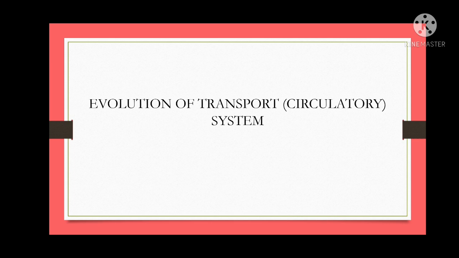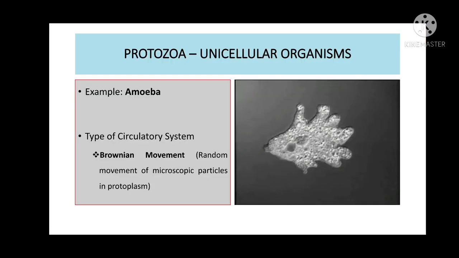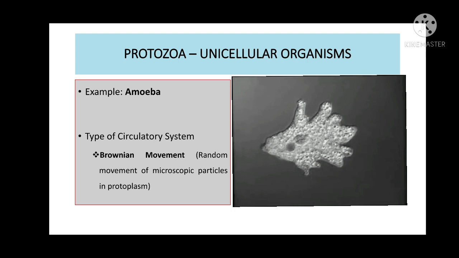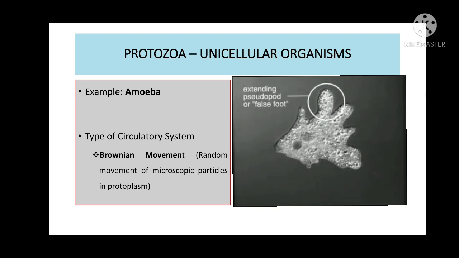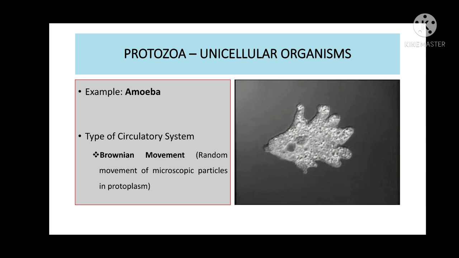Let us see how the transport system has evolved in different phylums. In protozoans like amoeba, the protoplasm shows Brownian movements, because of which the nutrients and oxygen are distributed.